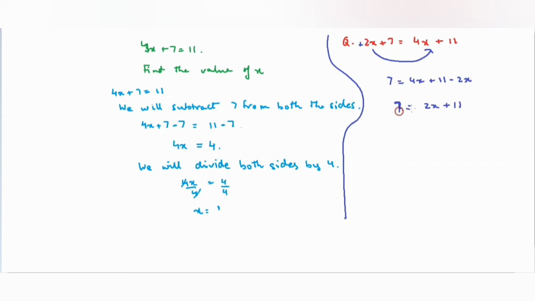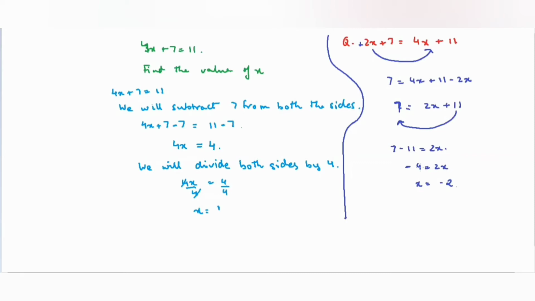Now here we can take 11 to the other side. So we get 7 minus 11 is equal to 2x. So we get minus 4 is equal to 2x. And from here, once we divide both the sides by 2, we get x equal to minus 2. So in this example, we saw how we can transpose the elements of an equation to the other side. And once we transpose them, we have to ensure that the sign changes.